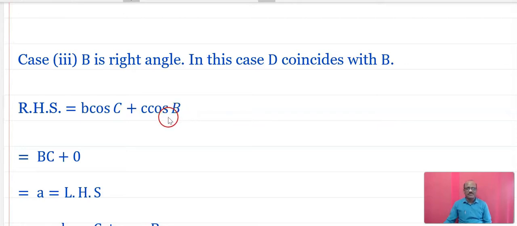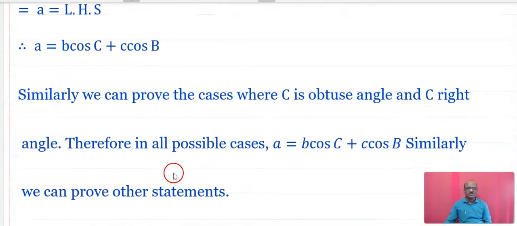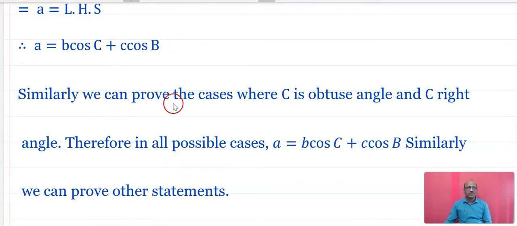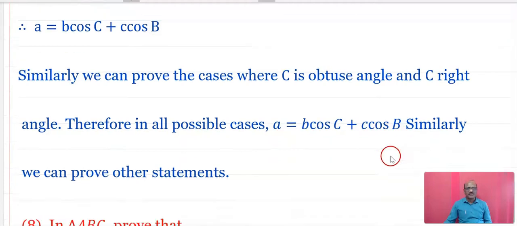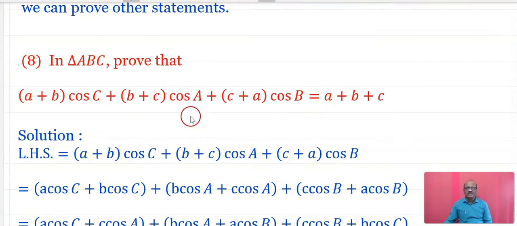Therefore we have BC, and hence BC is nothing but a, so a = b cos C + c cos B. Similarly, we can prove the cases where C is an obtuse angle and C is a right angle. Therefore, in all possible cases, a = b cos C + c cos B, and similarly we can prove the other statements.